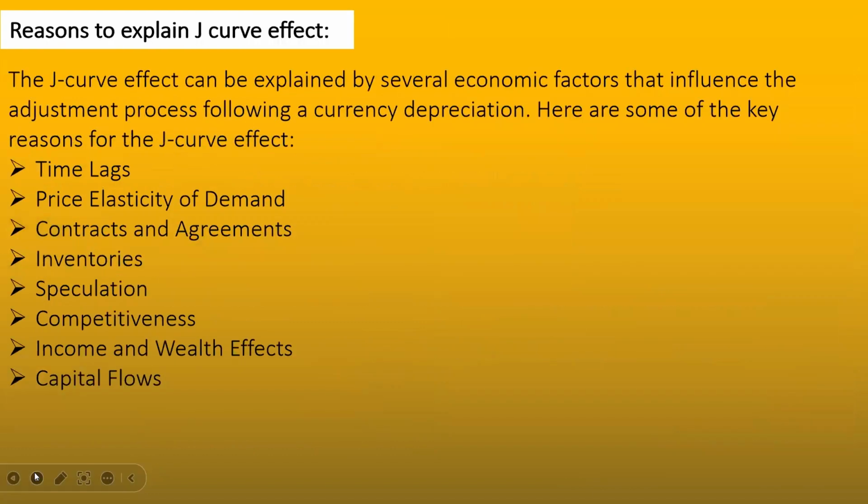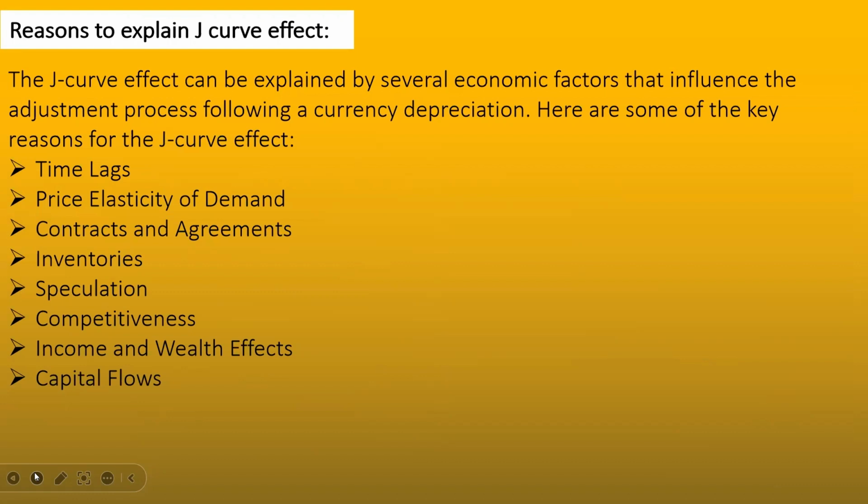We have reached our last topic of the slide, which is the reasons to explain the J-curve effect. The J-curve effect can be explained by several economic factors that influence the adjustment process following a currency depreciation. Here are some of the key reasons for the J-curve effect. One is time lags.